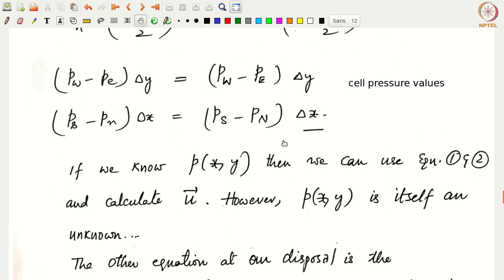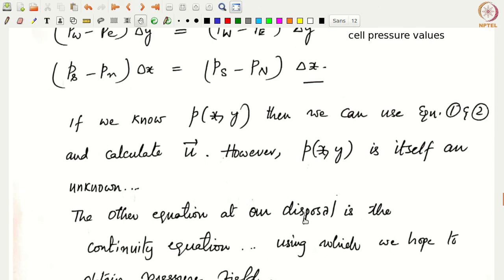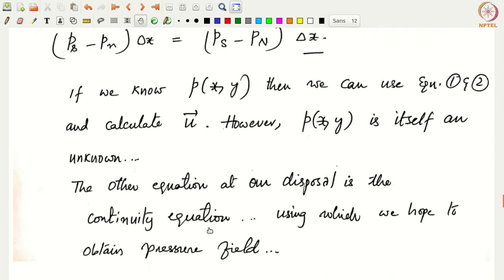But the pressure field itself is an unknown, and the only equation we have at our disposal is the continuity equation, using which we hope to obtain the pressure field. However, we realize that the continuity equation is not an equation for pressure. So that is the first difficulty: we have three equations and three unknowns.